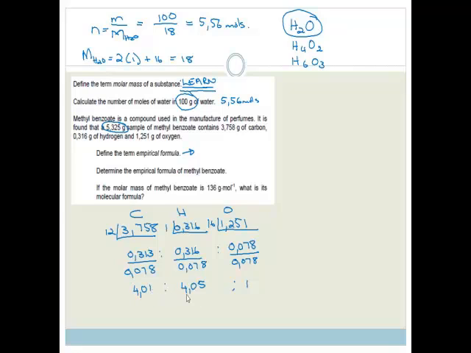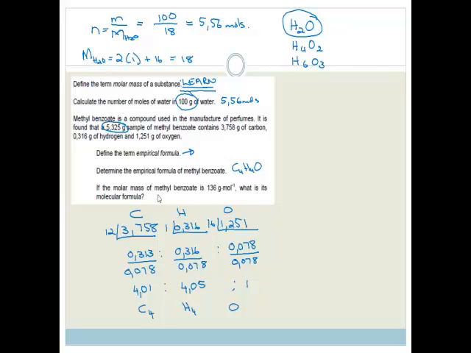So I think those are close enough that we can round them. So therefore we're going to have C4H4O, and that is our empirical formula. In other words, it's the basis for the methyl benzoate, is the fact that it's got this basic ratio of carbons, hydrogens, and oxygens.